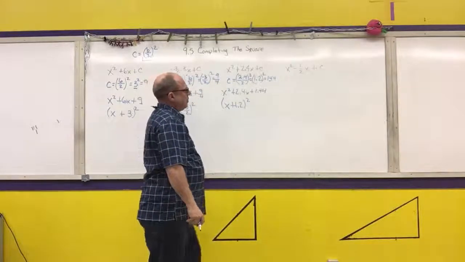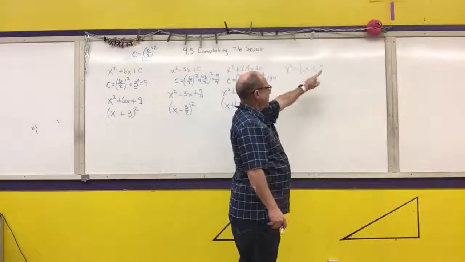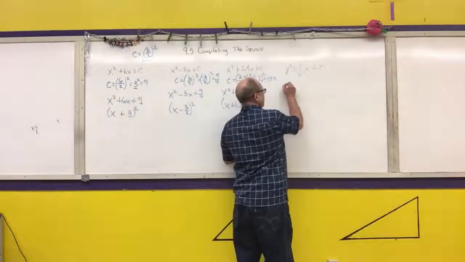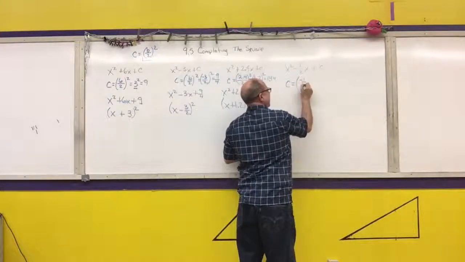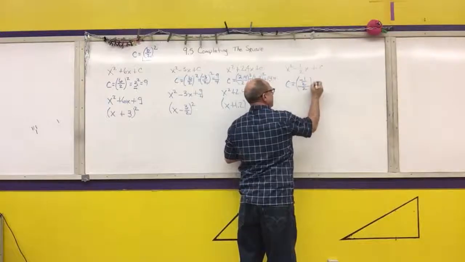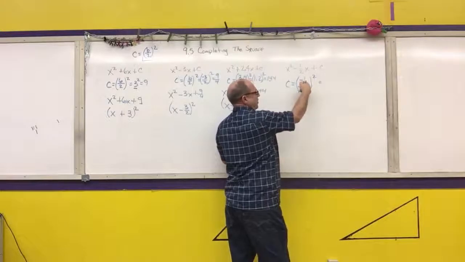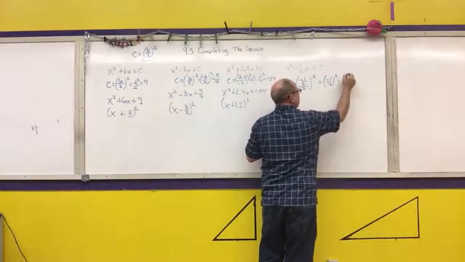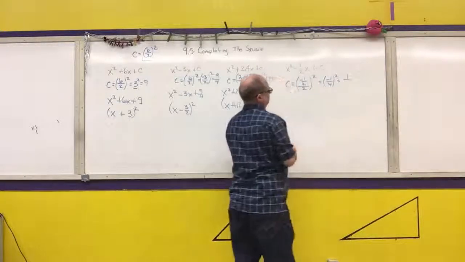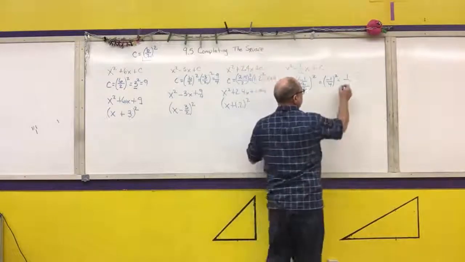Last example for this first type of problem is x squared minus 1/2 x plus c. So c is equal to negative 1/2 over 2, squared. So that would be negative 1/4 squared, which is positive 1/16.